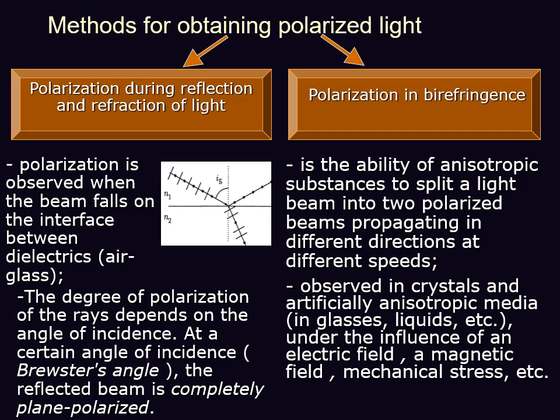The light reflected from the interface and the light refracted in the second dielectric will have different degrees of polarization. When reflected, almost 100% polarization is observed, and the refracted light becomes partially polarized.